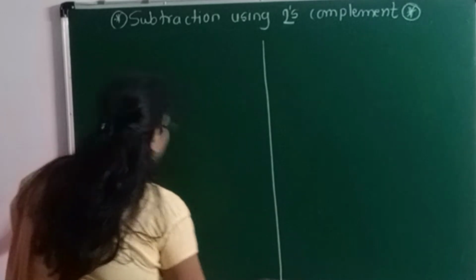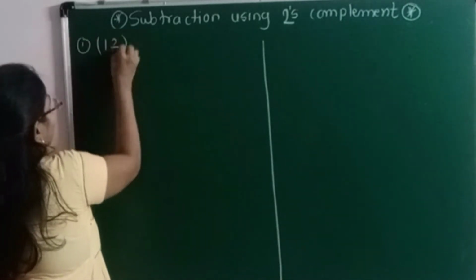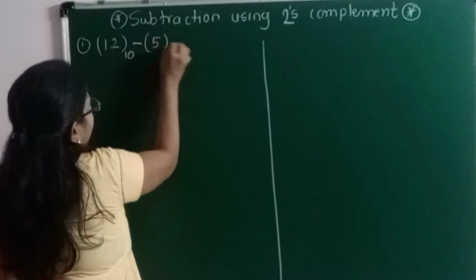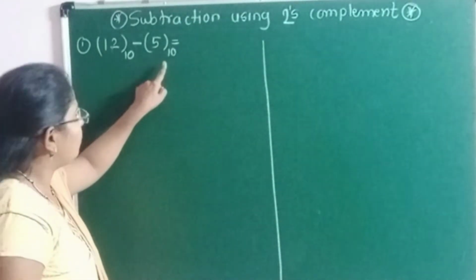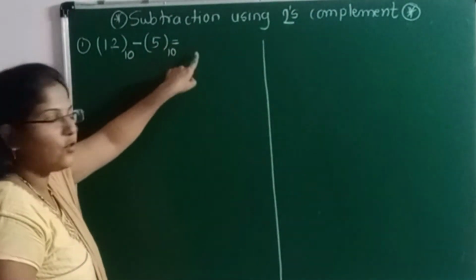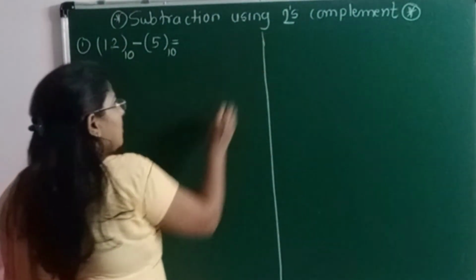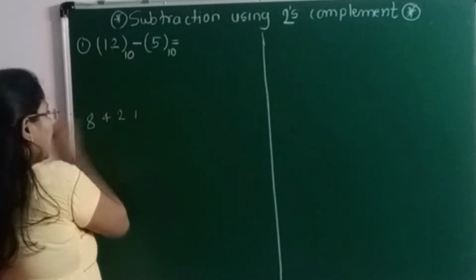Suppose the given example is 12 minus 5. These numbers are given in their decimal form. So first I have to convert these numbers into their equivalent binary. How to convert into their equivalent binary? Write the weighted values 1, 2, 4, 8.